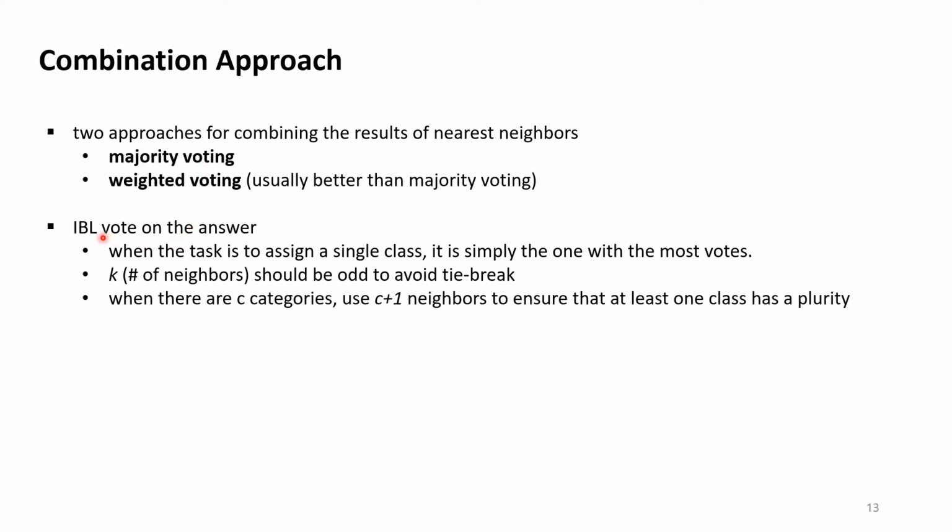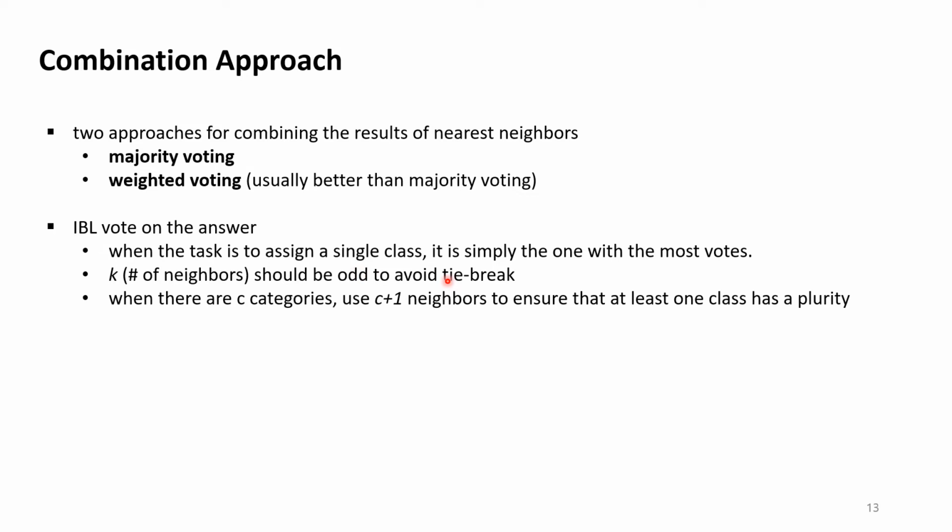So IBL uses this voting system, whether it be majority voting or weighted voting. When the task is to assign a single class, after voting, you simply select the one with the most votes. Usually k is the number of neighbors you're going to choose. This value of k should be an odd number, like 3, 5, 7 or something, to avoid a tie.